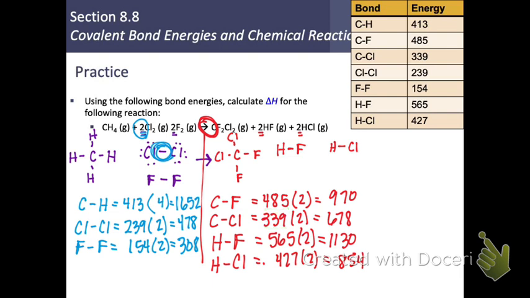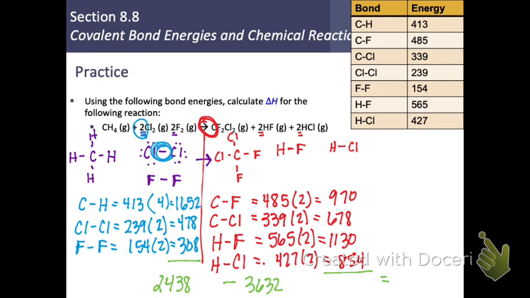Okay, let's add them up. 1652 plus 478 plus 308 is 2438, I think, on the reactant side. And then on the product side, I get 3632.